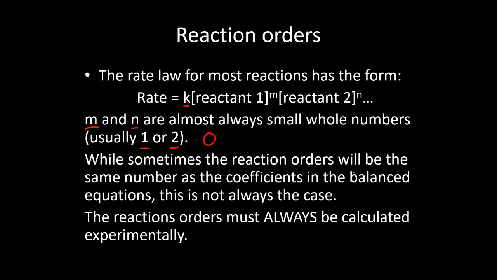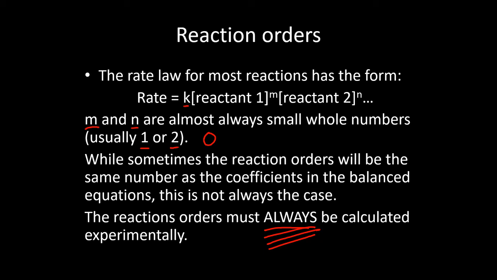So while sometimes the reaction orders will be the same number as the coefficients in the balanced equation, this is not always the case. The reaction orders must always be calculated. You actually have to go into a lab and do an experiment to determine what the reaction order is for a particular part of a reaction.